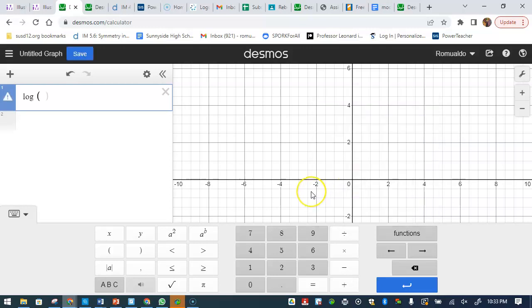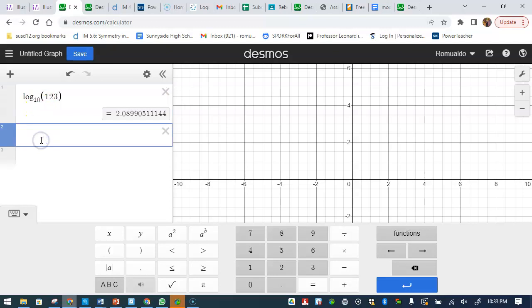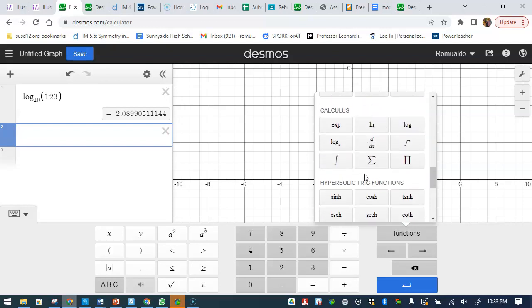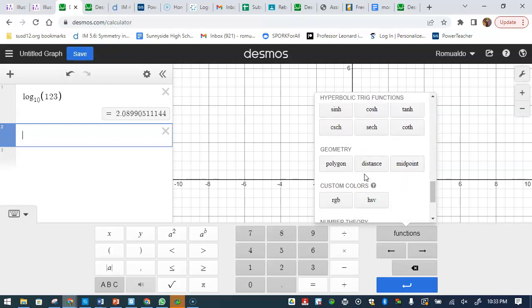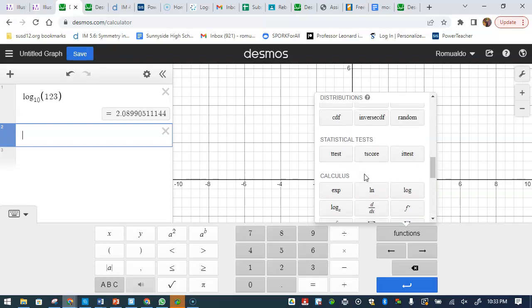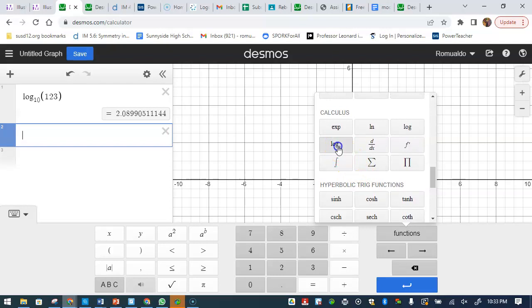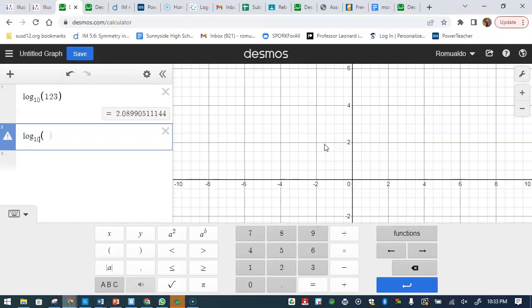So click on log base 10, and inside you just put the number 123, and you know the answer, see, 2 point something. If you want to know the next one, you do the same thing. And here it is again. This time you put 10, and then inside you put 110,000. There you go, 5.3.